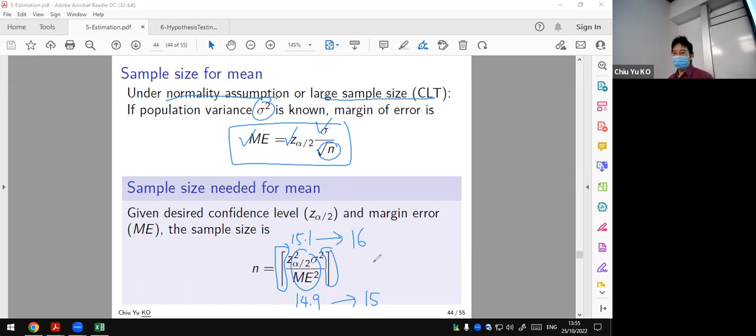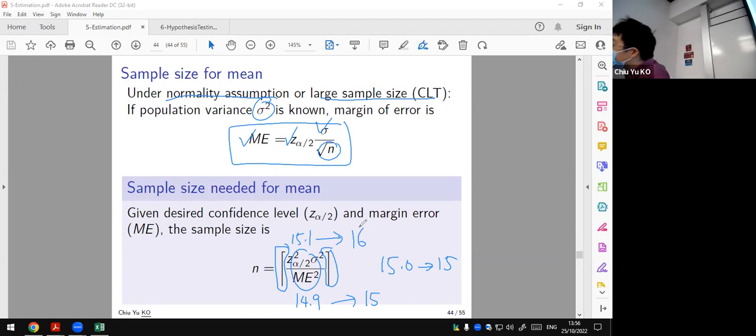Because you want to make sure the margin of error is at most the number I give you. So that's why the sample size that you need is one more than that. Of course, if you get exactly 15.0, then of course you get 15. But you just make sure that it's rounded up. Is that clear what we're doing?